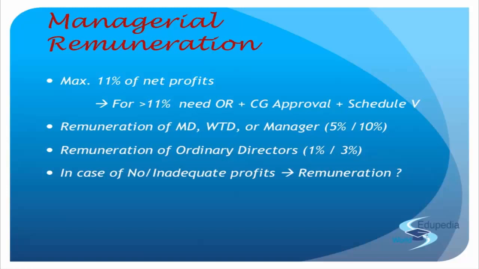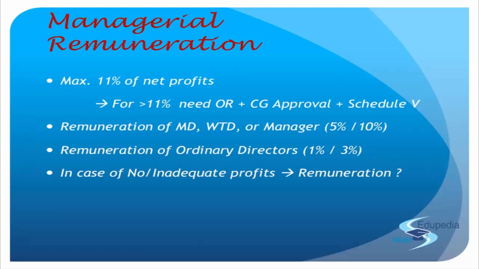Remuneration can be a monthly payment, a specified percentage of net profit, or partly monthly payment and partly percentage of profit, whatever it can be. But sitting fees are entirely different. If you attend a meeting, you get sitting fees for that meeting. If you don't attend, you don't get it. But that percentage of net profit you always get, that monthly payment you always get. Sitting fees you get only when you sit. And sitting fees are not a part of your remuneration. It is an entirely separate scenario.